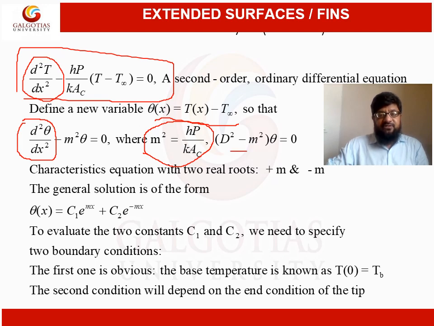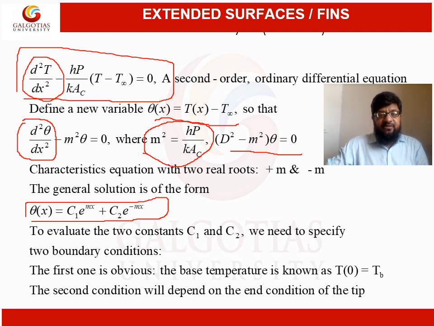So the equation reduces to this form, and now these equations can be solved using the principles of solving ordinary differential equations. The solution of this ordinary differential equation is of this form, where m we know and c1 and c2 are the constants of integration.